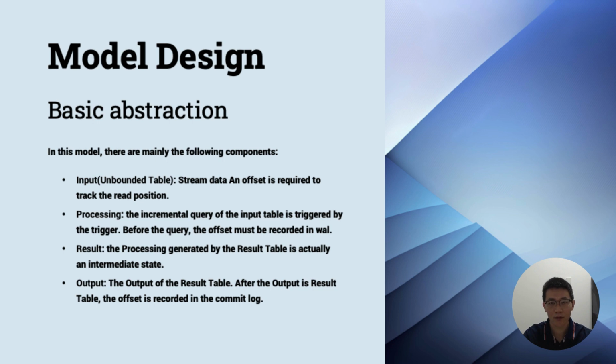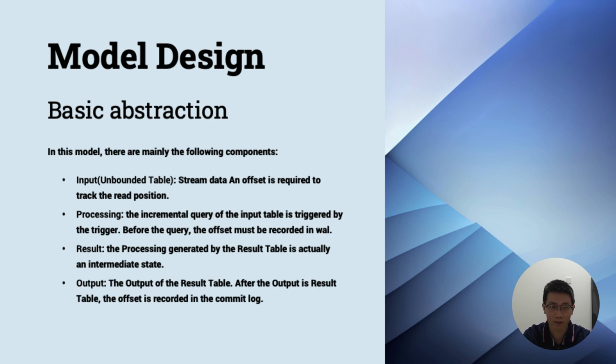Speaking of which, WAL, write-ahead log, is a key concept. Each time processing is triggered, the data and its offset are logged into the WAL. Furthermore, the result generated by the query for a batch of data is stored in the result table, serving as an intermediate state.